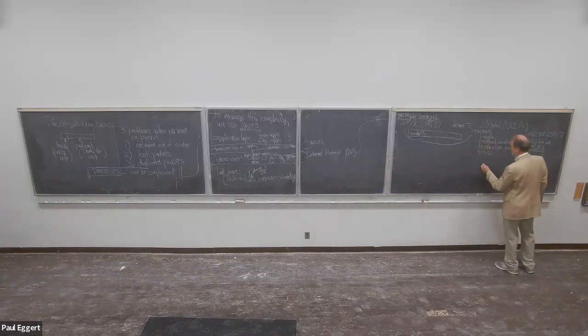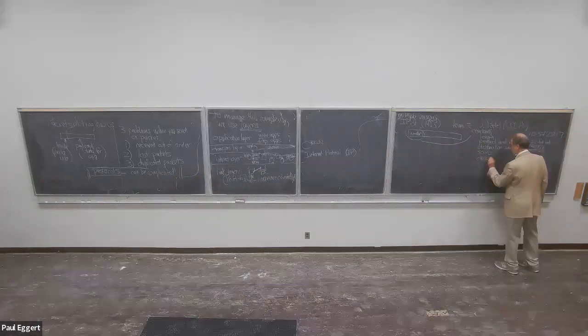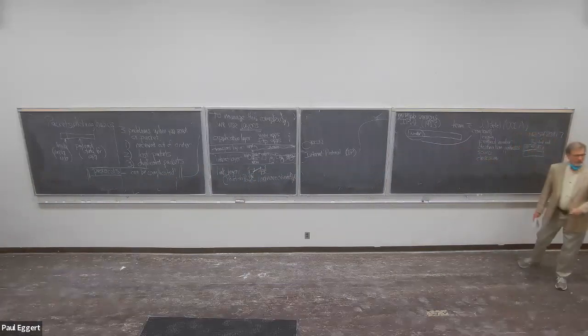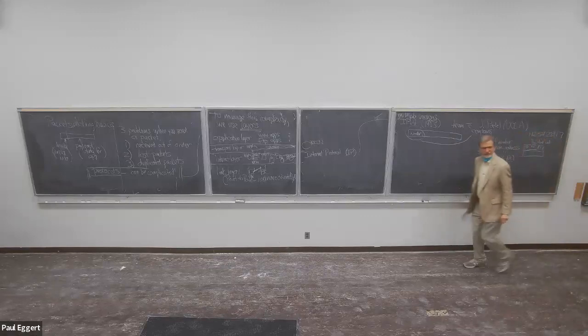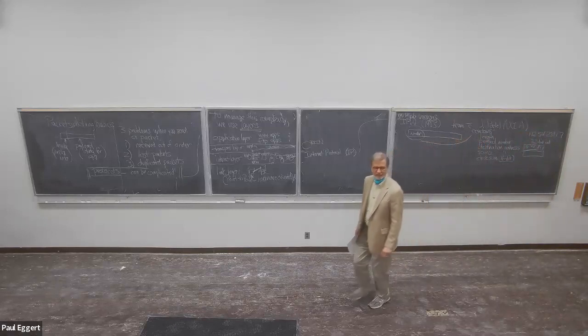Couple other things it contains. First is a checksum. This is a checksum of all the data in the header and in the payload. It's a 16-bit checksum. So it's not perfect, right?